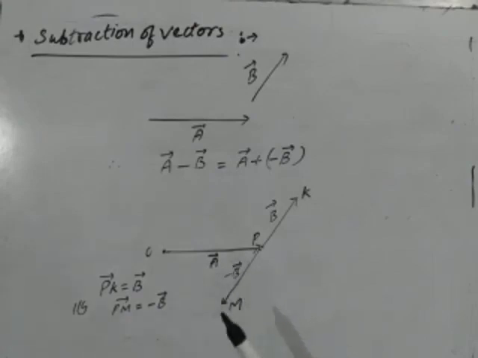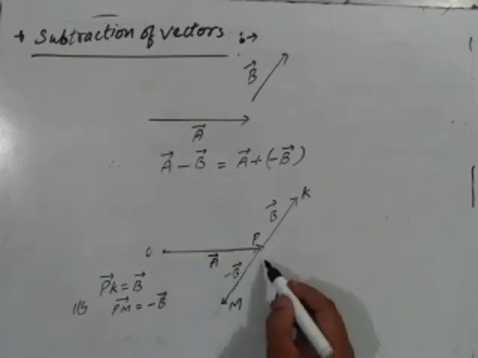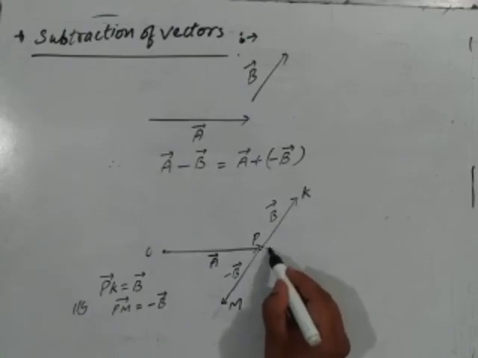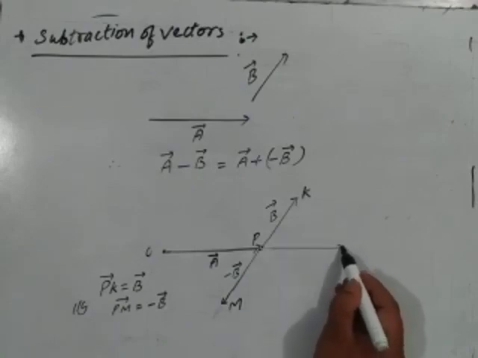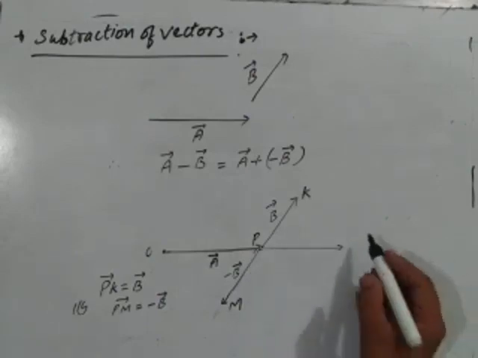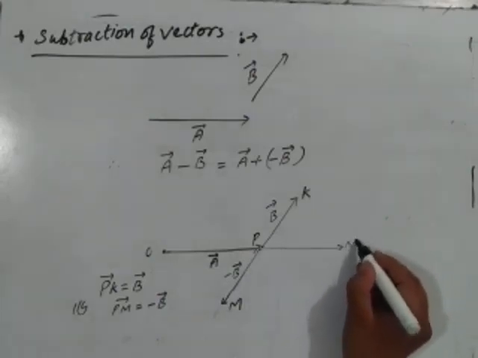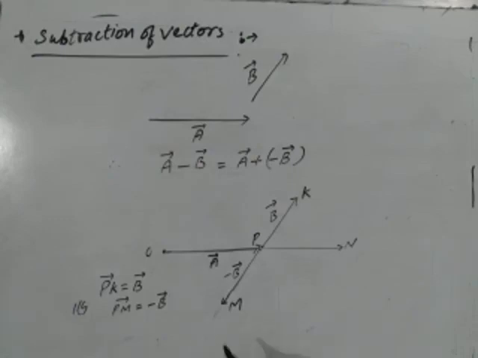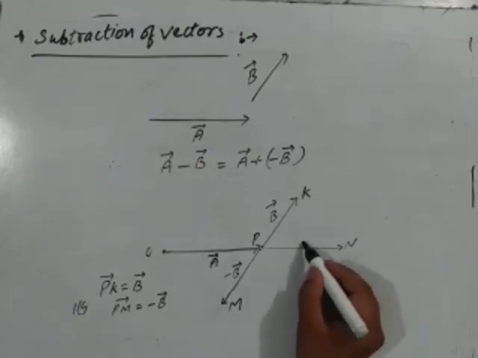Now, for finding the resultant of OP vector and PM vector, we will use parallelogram's law of vector addition, and for this we will just extend this OP in the forward direction in the same direction and of the same size. So this becomes PN, and that is also equivalent to A.